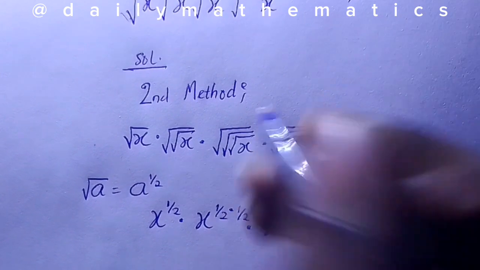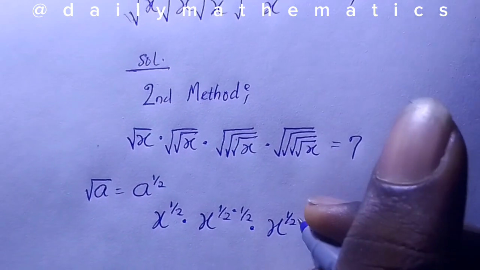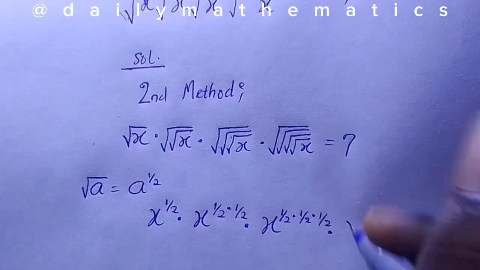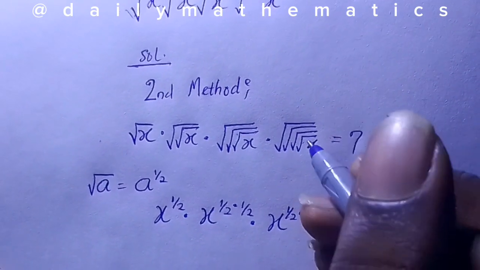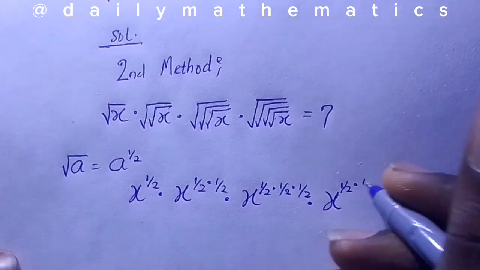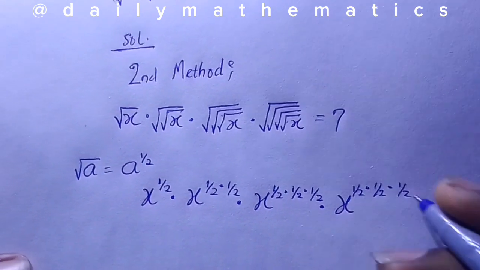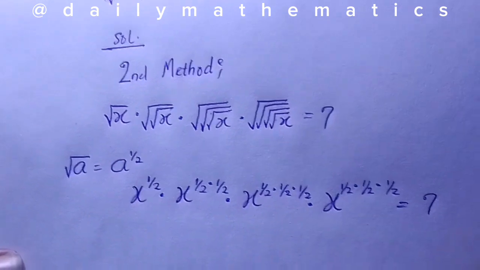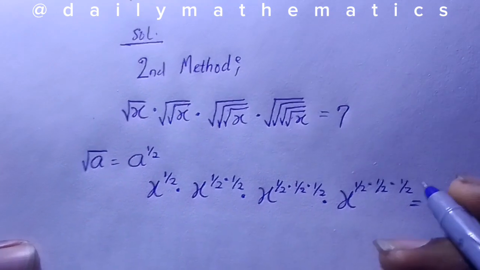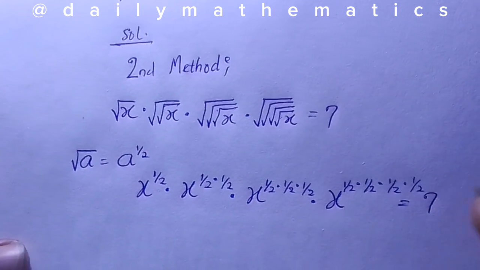It's 3 roots here, so it will be 1 over 2 times 1 over 2 times 1 over 2, times x. This is 4 roots here, it will become 1 over 2 times 1 over 2 times 1 over 2 times 1 over 2 equals 7.